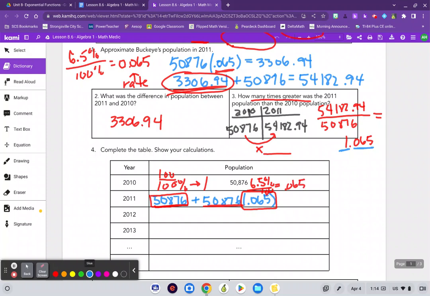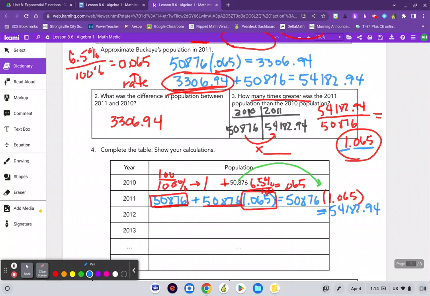Okay, and so what it turns out to be is that what I'm really doing is taking this 50,876 and multiplying by 100% of what I have plus my rate of 1.065. Right? That's what we figured out up here. I'm going to multiply by that 1.065.